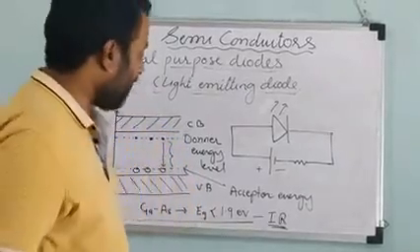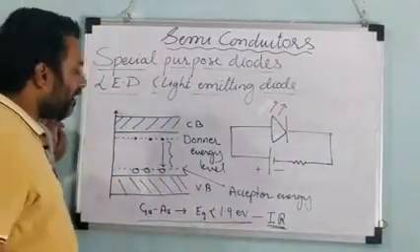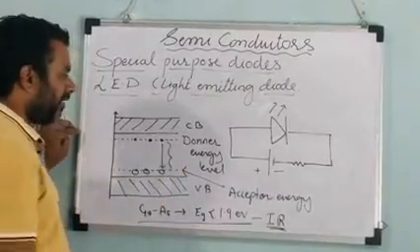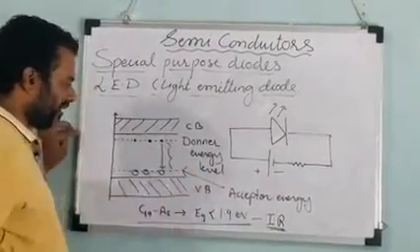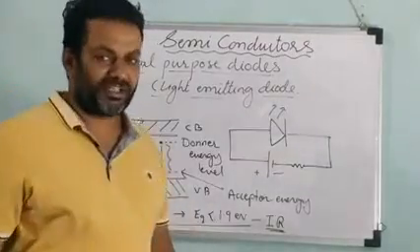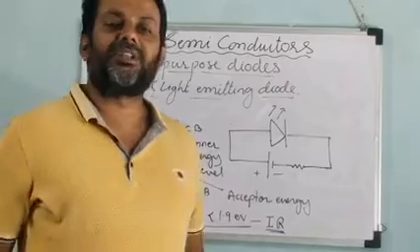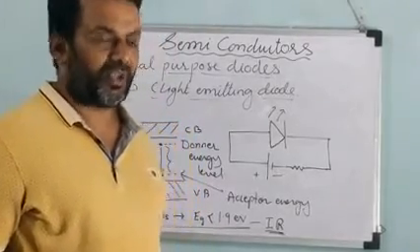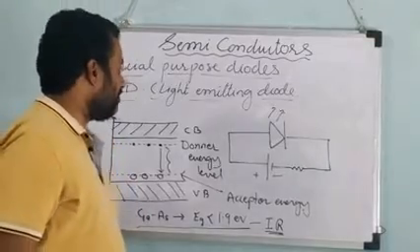But we must remember that whatever the energy is given out, that energy is always less than the forbidden energy gap, because the donor energy level is just below the conduction band and the acceptor energy level is just above the valence band. Because of this reason, whatever the energy will be given out, that will always be less than the forbidden energy gap.